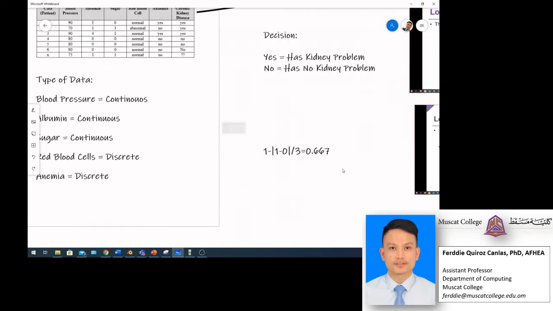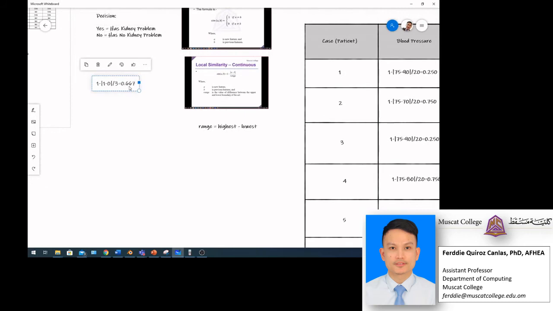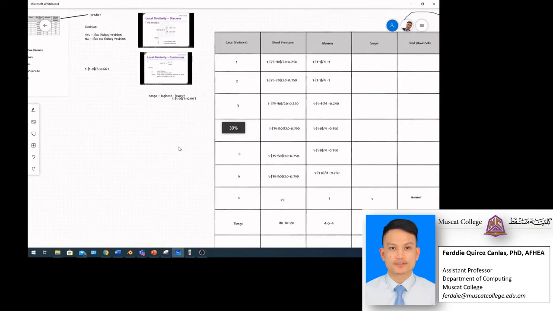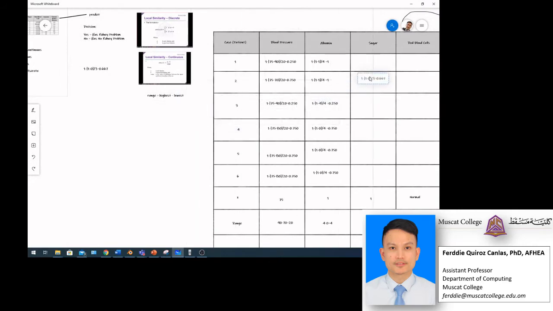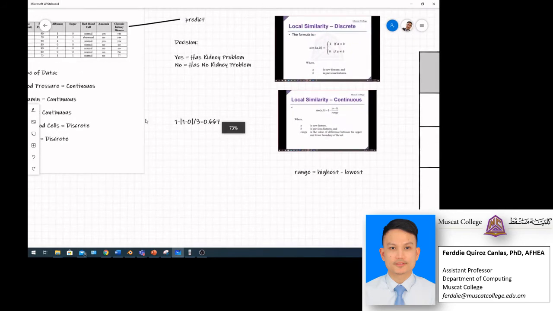Okay, so copy this one and put it here on the first spot for the sugar. Then let's go with the second one, which is 3, right?